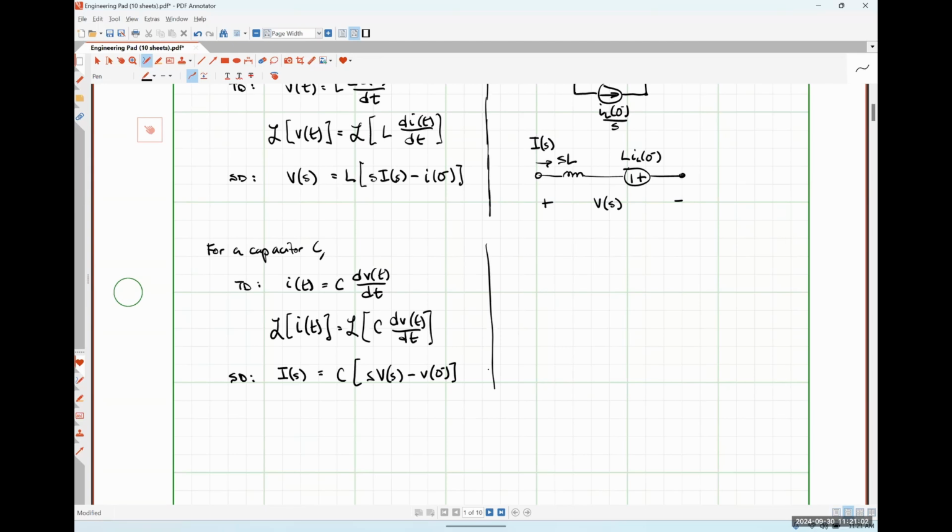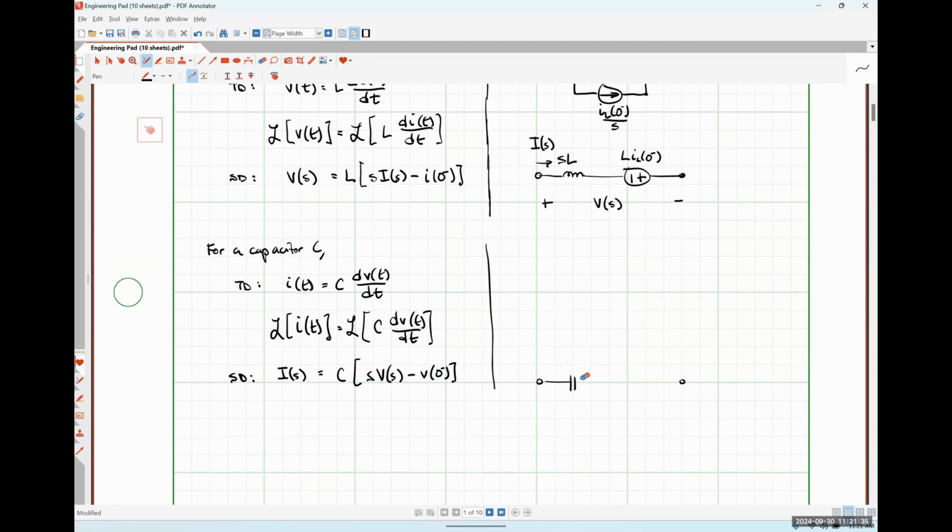So we would have an impedance of 1 over SC.